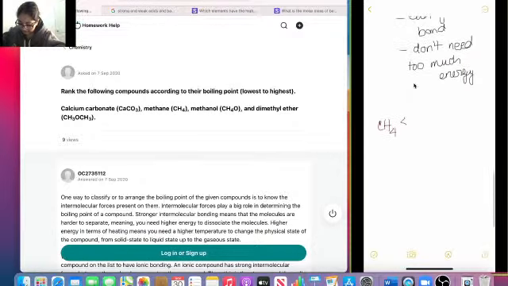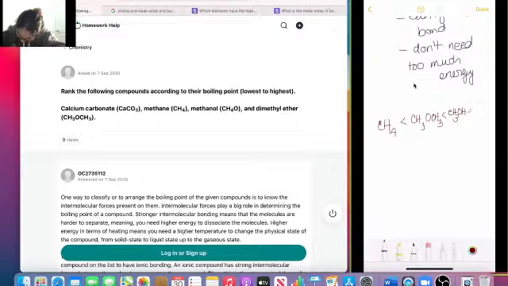And so our next one is dimethyl ether, which is CH3OCH3, right? And this brings us to methanol being our second last one, CH3OH.